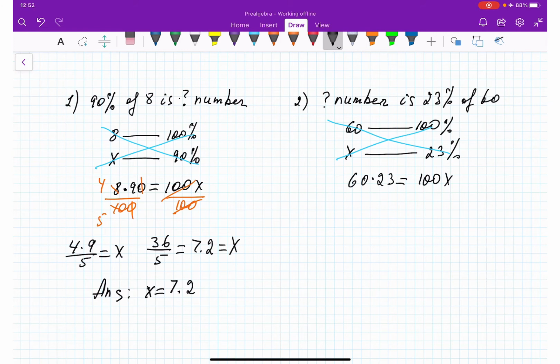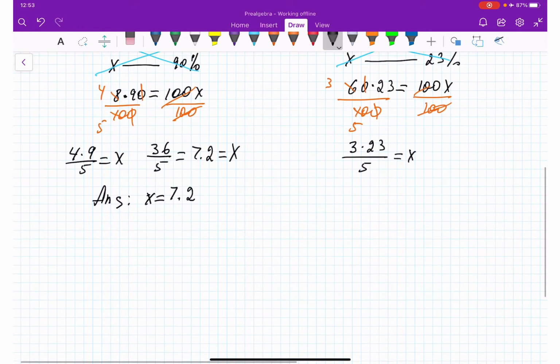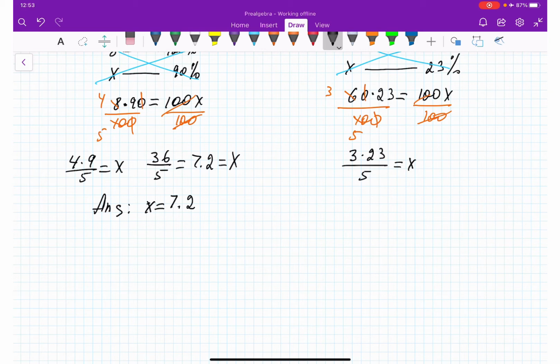Okay, so dividing by 100 here, dividing by 100 here, and this is gone. Here 1 0, 1 0 here is gone. 6 and 10 we can divide by 2, right? This is going to be 3, this is going to be 5. And we are going to have 3 times 23 divided by 5 is equal x. Okay, let's see, in decimal notation, how much it's going to be. 3 times 23 is 69.